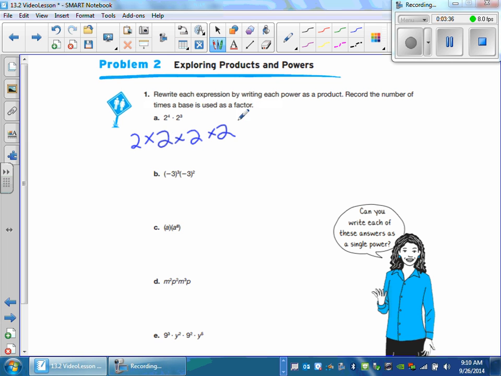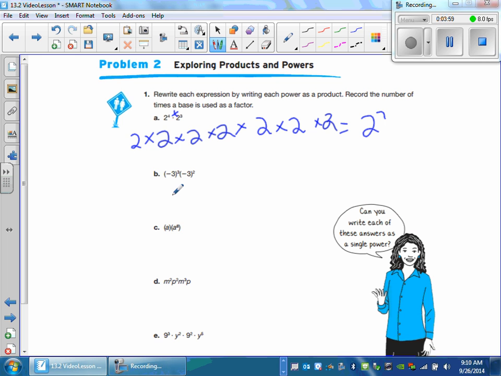And then I'm going to move on to my next one, and now I'm going to do it 3 more times. Okay, so if I count all those up, 1, 2, 3, 4, 5, 6, 7, I really have 2 to the 7th power. And you'll notice that if you take 4 plus 3, you get 7.